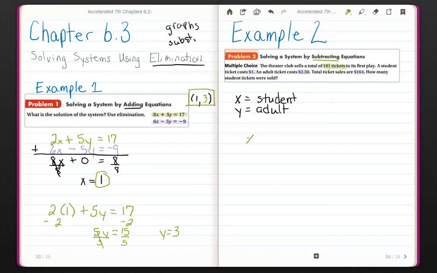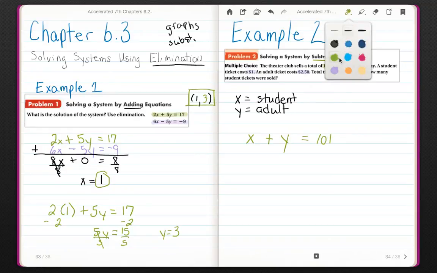I know that x plus y, the number of student tickets plus the number of adult tickets, is equal to 101. I also know that a student ticket costs $1. Well, 1 times x is x. An adult ticket costs $2.50, so 2.5y is equal to $164.